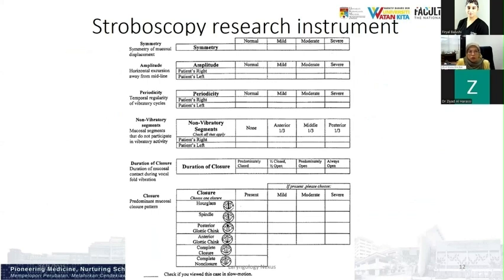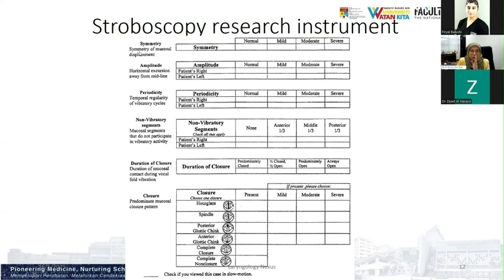It is called the Stroboscopy Research Instrument, which was developed, validated, and published by Clark Rosen.